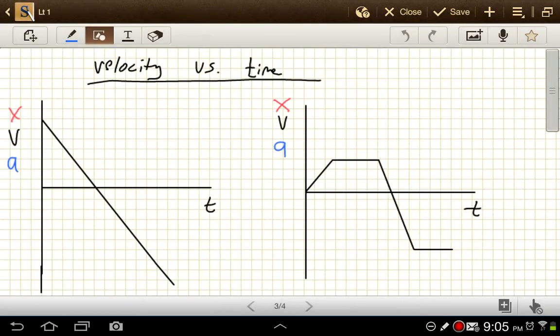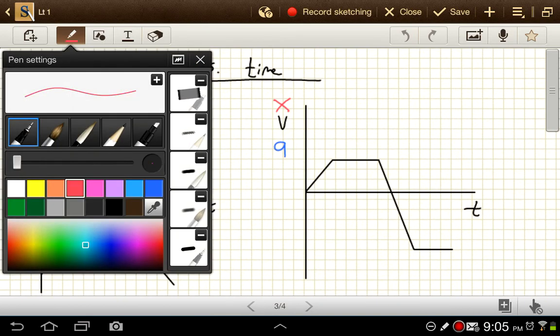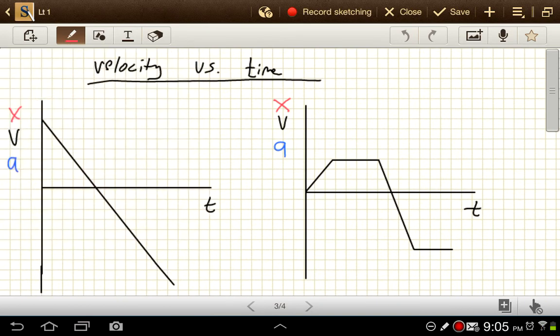On our next graph, velocity versus time. For the first segment here, we start out with a positive velocity, and it's a pretty large positive velocity to begin with, and then gradually that velocity gets slower and slower until here we get to a velocity of 0.